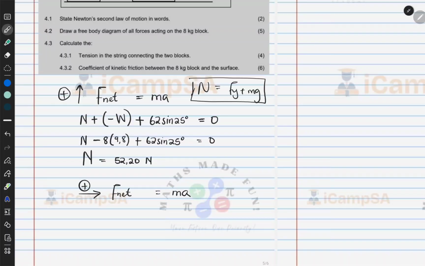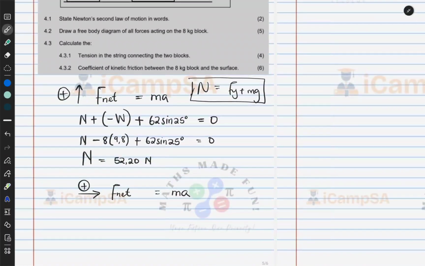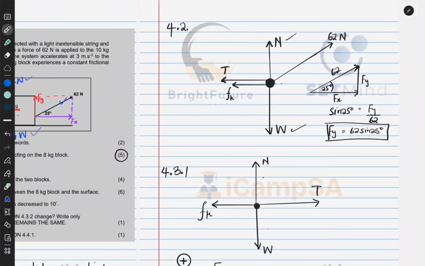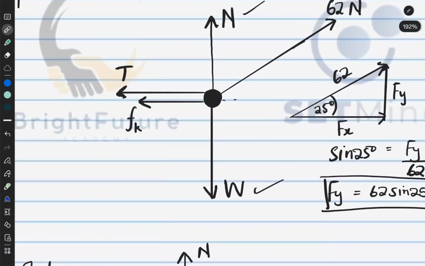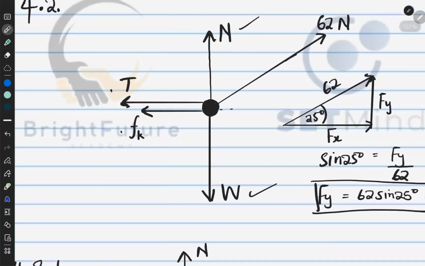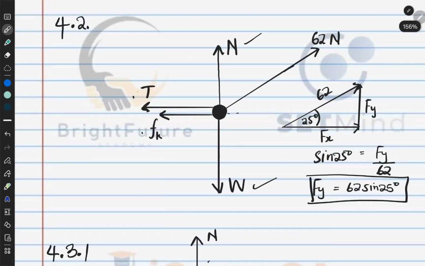We're still using the same free body diagram, but now we're taking the x-axis. So where's our free body diagram? Yes, we have T, we have Fk. We took right as positive, that means T and Fk will be negative.